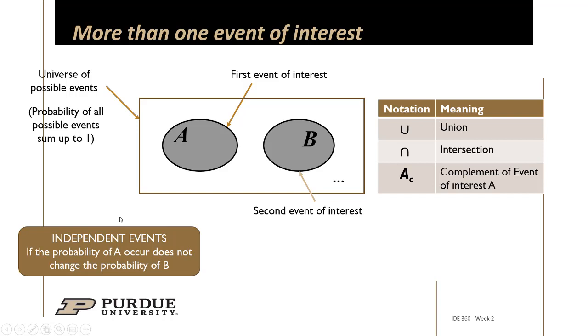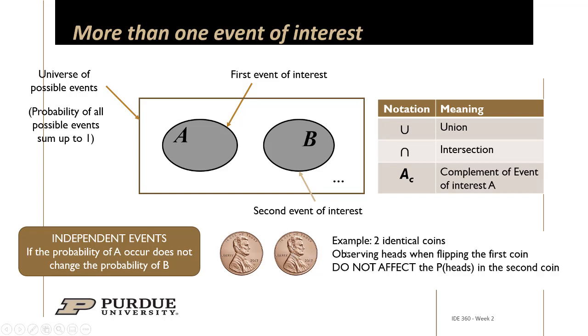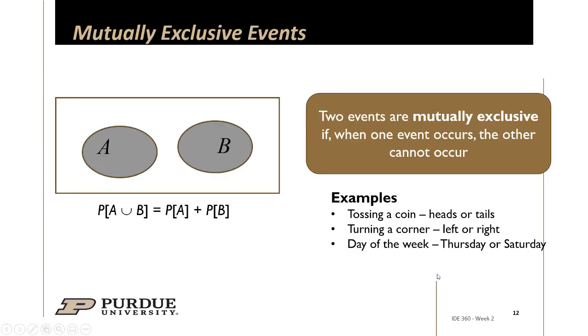If two events are independent, then the probability of one doesn't change the probability of the other to happen. So for example, again, tossing coins, if we have two of them and they are identical, observing heads in the first one does not affect the probability of observing heads in the second one.